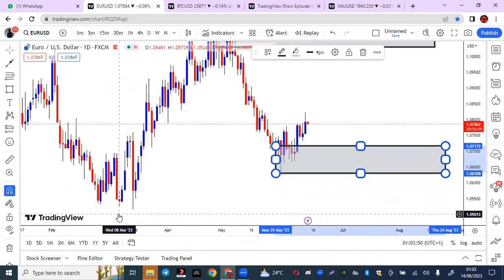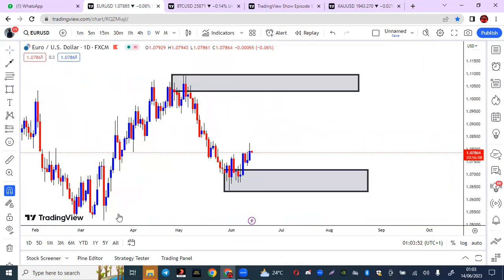So what we do is we trade zone to zone, zone to zone. Okay. So now this particular place represents supply, and this particular place represents demand.